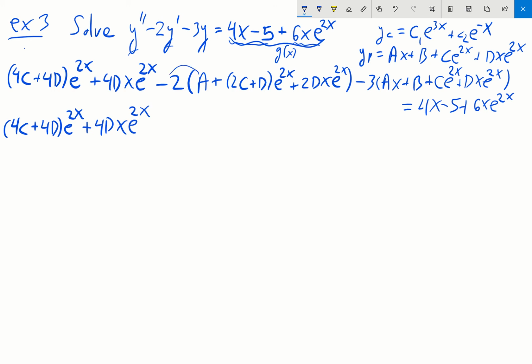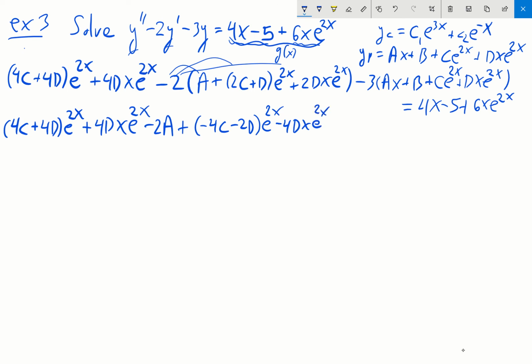This negative 2 needs to be distributed, so let's go ahead and do that. We get a negative 2a, and now I'm just going to put it directly into this coefficient. So this will be plus negative 2 times 2c is a negative 4c, negative 2 times d is a negative 2d, e to the 2x, negative 2 times negative 2 will be a negative 4dx e to the 2x.